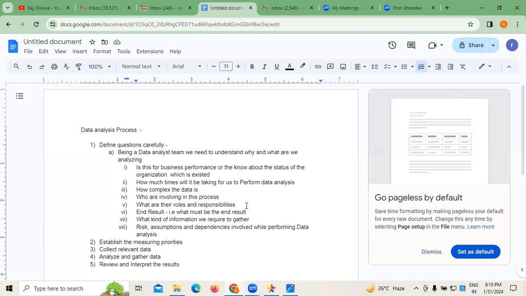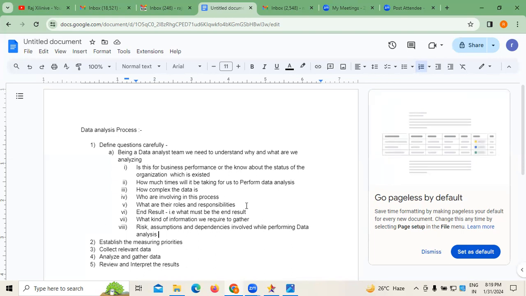Assume that whatever data is available with us is accurate, for example, right? That is one of the assumptions, because whatever data is available with us must be accurate, then only there will be value. Even though you are analyzing, the data must be correct. If the results are not correct, then even though you have done the data analysis, whatever results you have identified will be of no use, right?